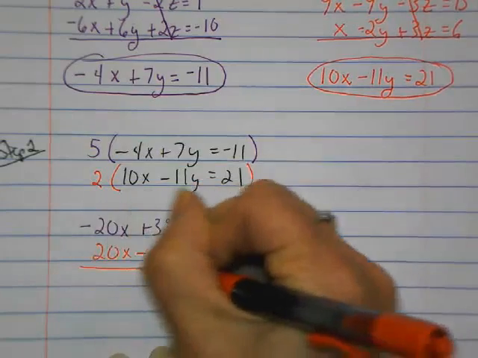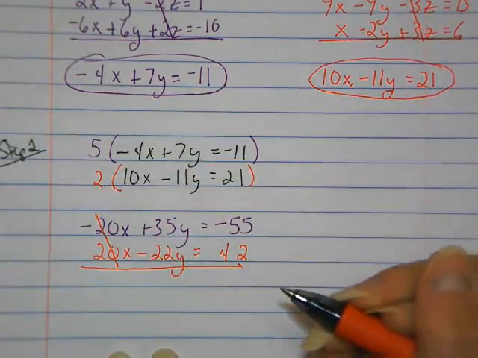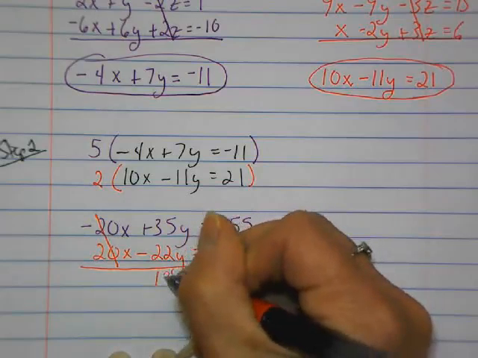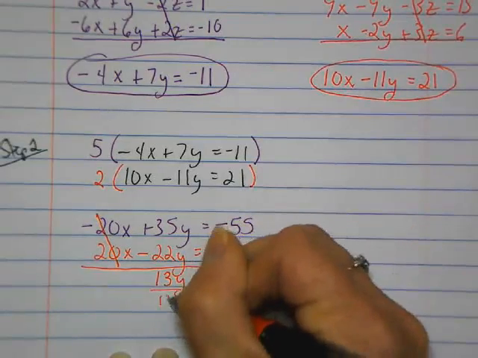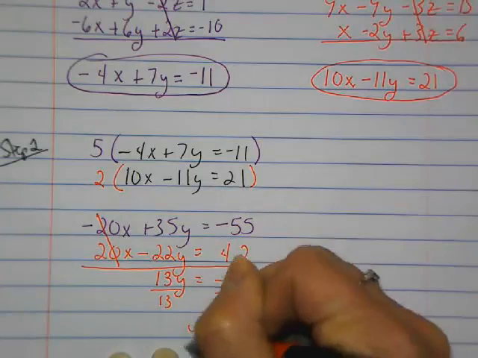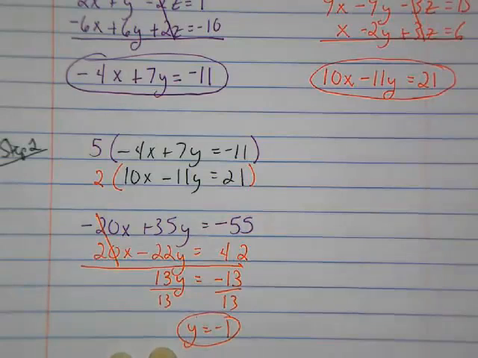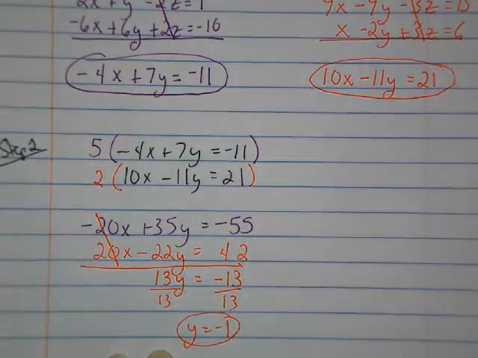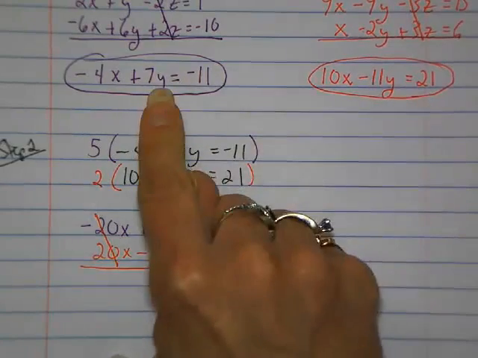My x's cancel, and I get, what, 13y equals a negative 13, so y is negative 1. Phew! Alright, I have one variable. That's a good thing. Now, you take that variable, you back solve into either of these equations. It doesn't matter which one you pick.